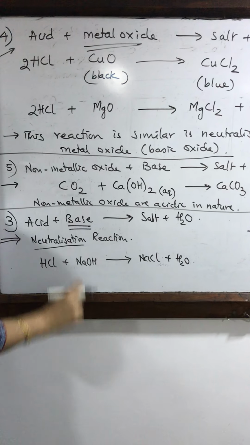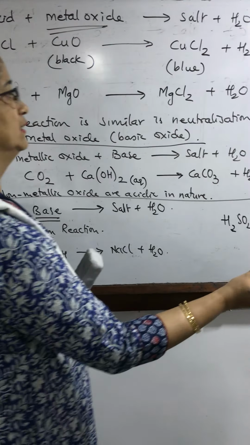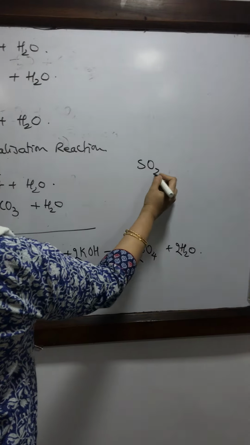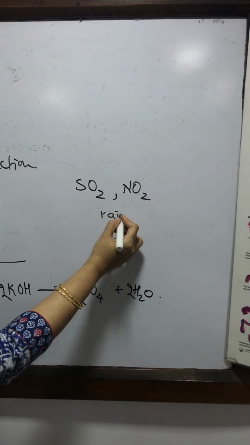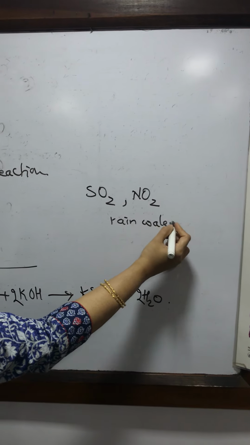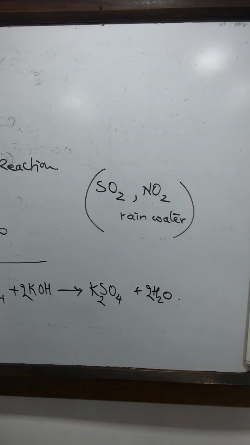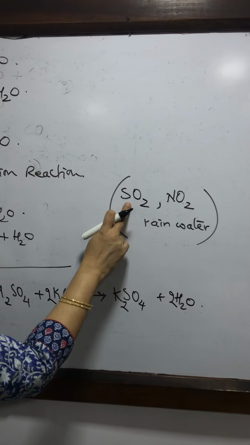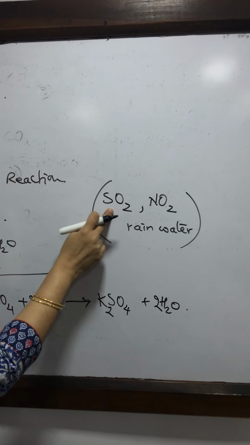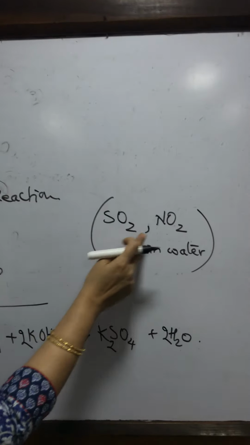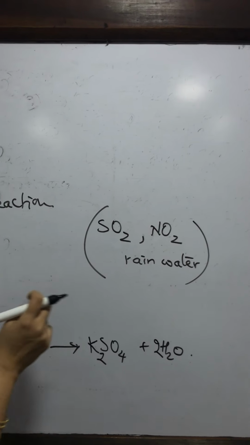In acid rain, gases like sulfur dioxide and nitrogen dioxide are dissolved in rainwater and come down as acid rain. This is because sulfur is a non-metal and sulfur dioxide is a non-metallic oxide. Similarly, nitrogen is a non-metal.